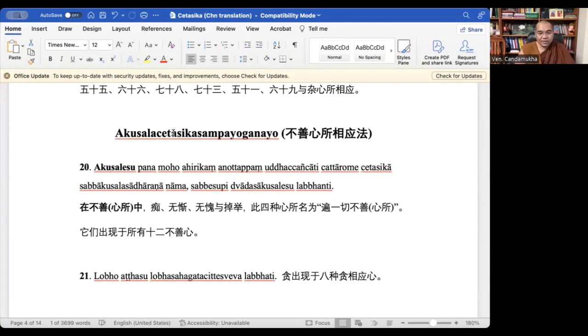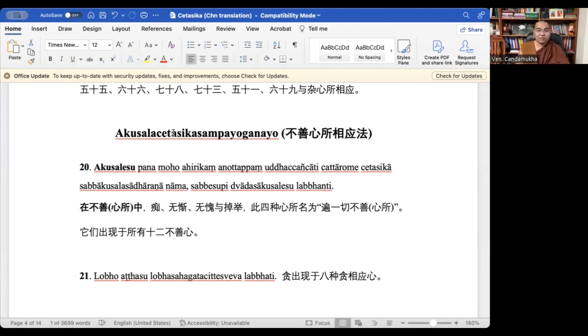Akusala is unwholesome. If we simply say unwholesome, then it is a combination. It may refer to the unwholesome action, unwholesome mind.